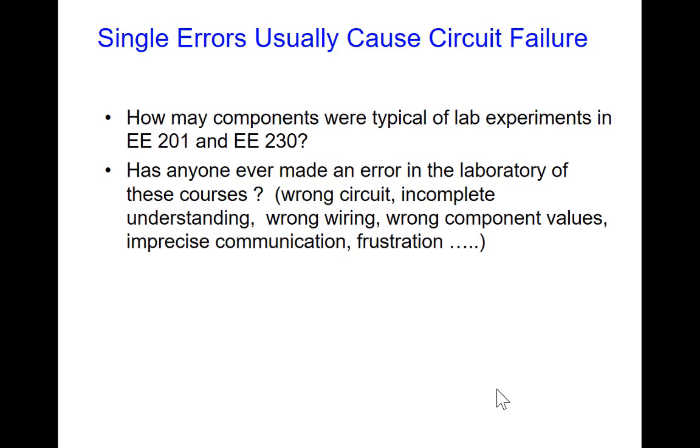We expect that to happen in 201, and we expect that to happen in 230. But we don't expect that to happen if you go into this business. That's scary, isn't it? How popular will you be if you're the one that made an error on a project that's got 200 people that worked for 3 years? You'll get noted, right?